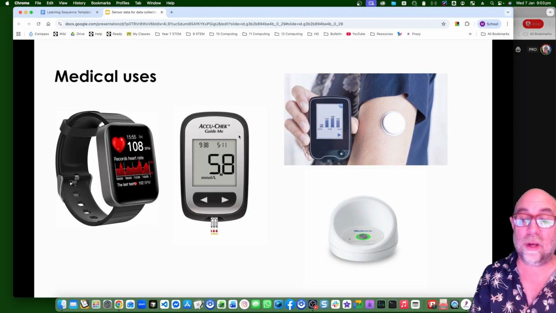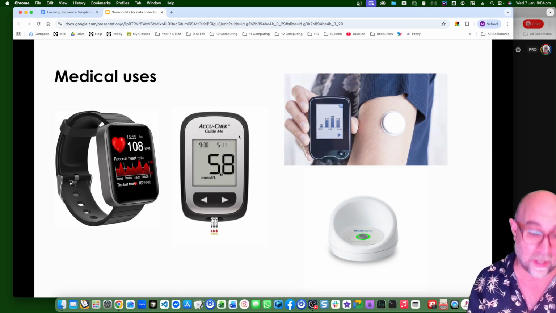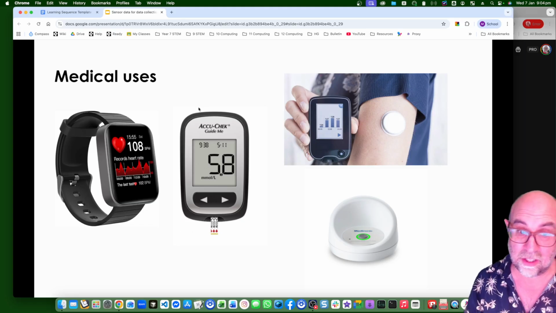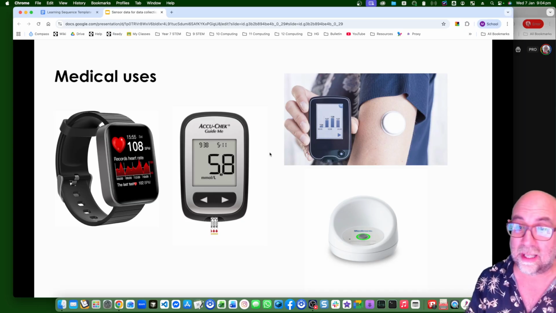One of the big things which I'd be remiss in not talking about is just how big sensors are in terms of medical technology. A lot of us wear smartwatches that can measure all sorts of biometric data. Some of them can even do your blood sugar, apparently. You've got these little machines. I've got one of these where you prick your finger and it does an analysis with a sensor on your blood to see what your blood sugars are, and then it connects back to your phone, so the data's going places.